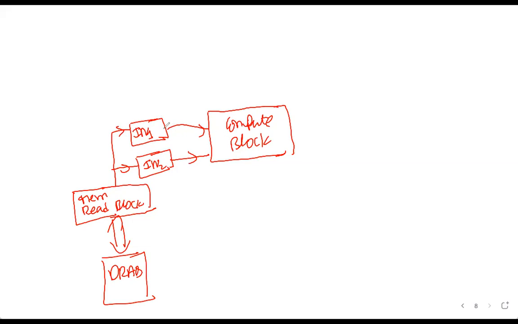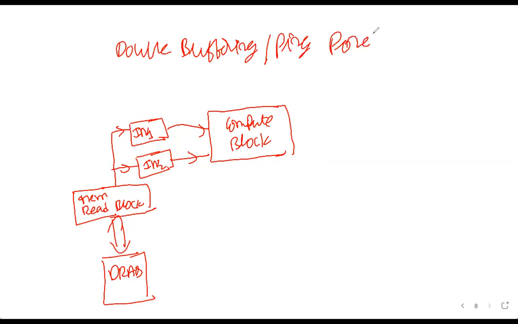After the compute block processes the in1 buffer, it switches to the in2 buffer, and while it is working on in2, the memory block fills in in1. This technique is called the double buffering technique, or ping pong.